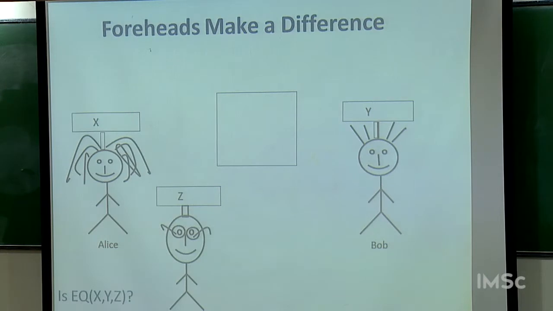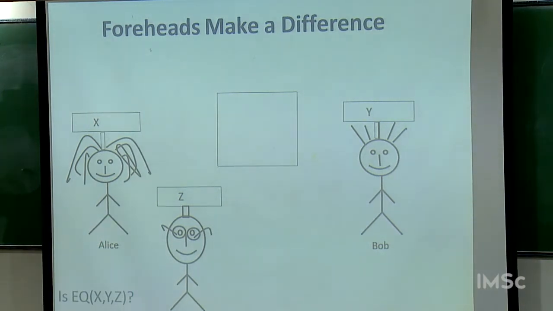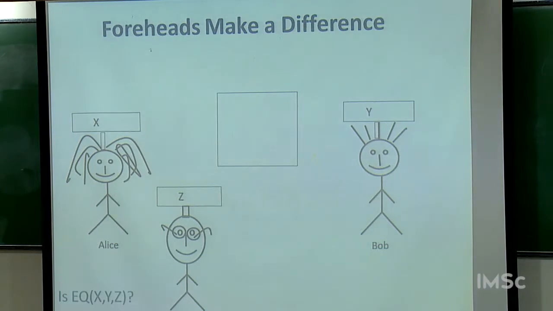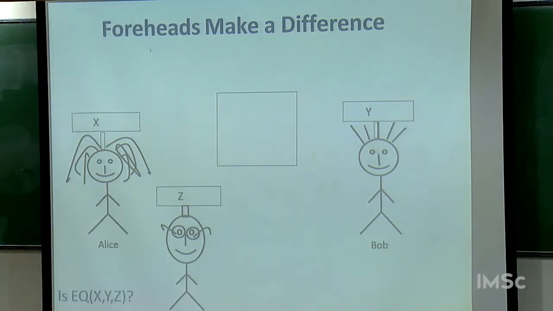Okay, so let me just give you a very simple example showing that foreheads do make a difference. Okay, let's go back to the equality function. Now equality here is X, Y, Z, and Alice, Bob, and Charlie want to ensure that all 3 strings are the same string. Okay, and now there's a very simple protocol exploiting the overlap of information, the second aspect that I alluded to before.